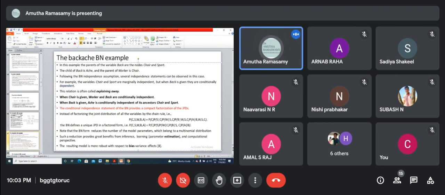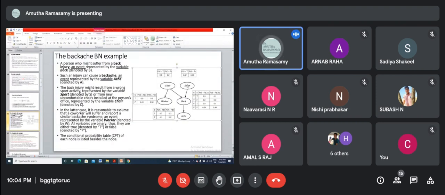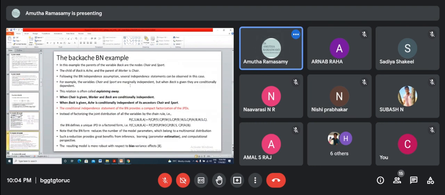Chair and sport, if you consider them, are independent, correct? But when you give the variable back, then they are conditionally dependent. If back is not there, chair is a different entity, sport is a different entity. You agree? This relation is called explaining away.